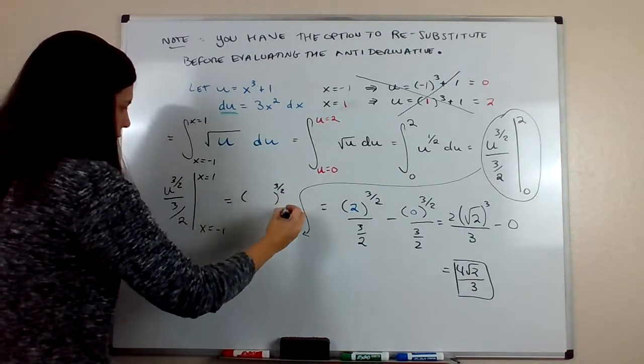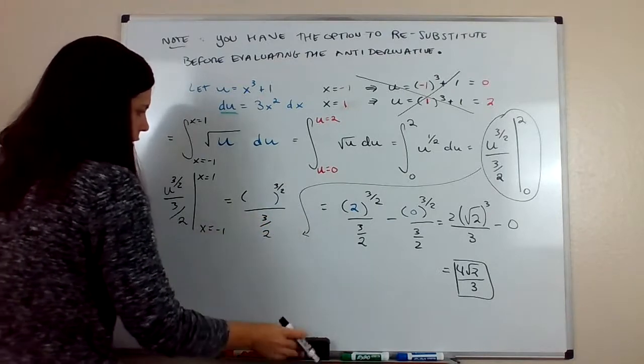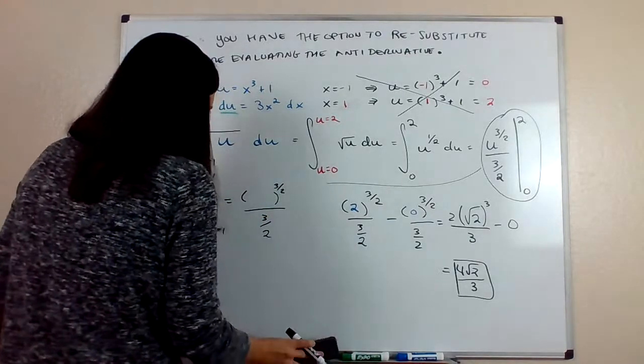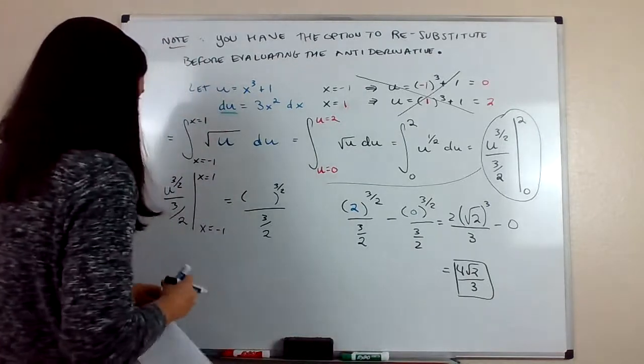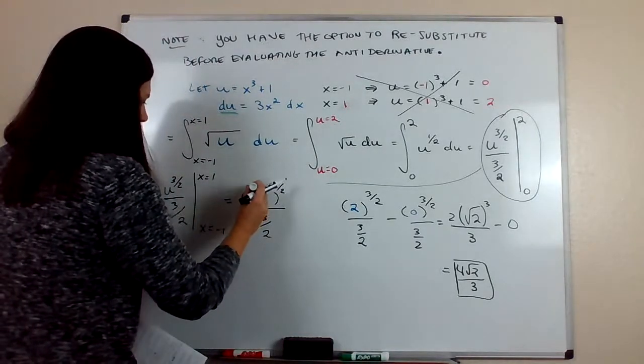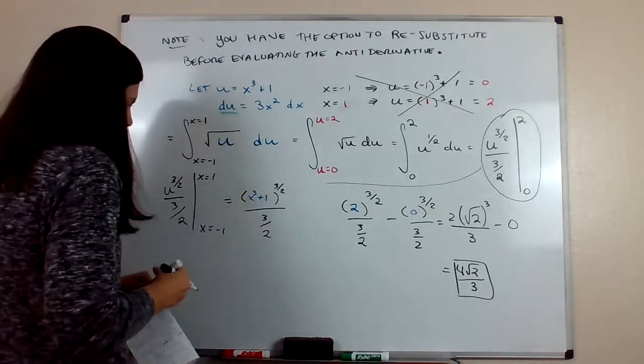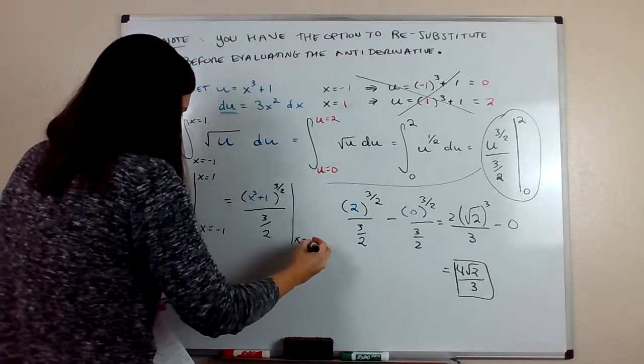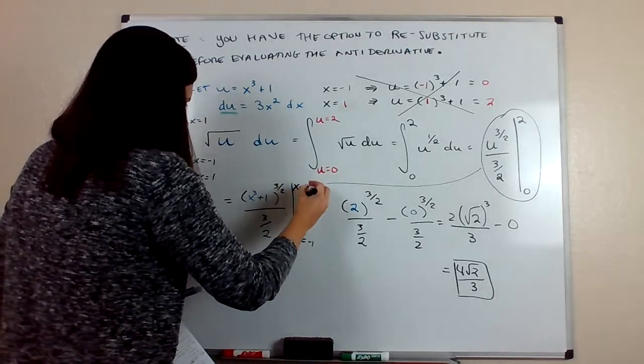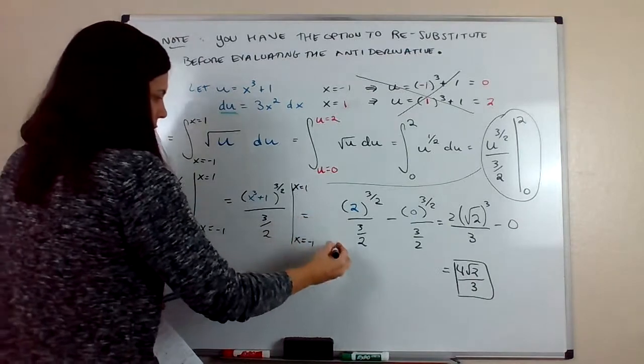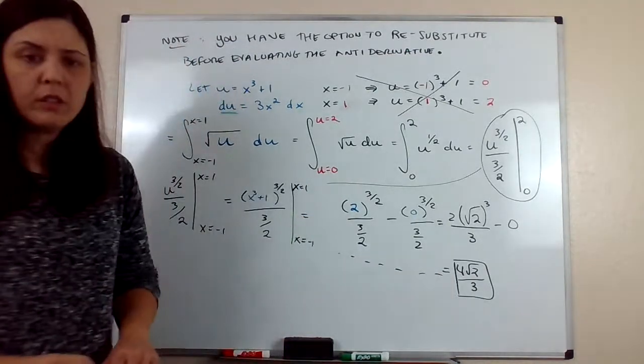So 3/2 over 3/2, and that was x cubed plus 1, and I evaluate that from -1 to 1. Then you would end up getting the same answer.